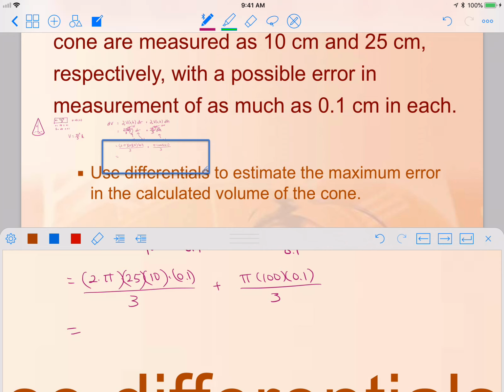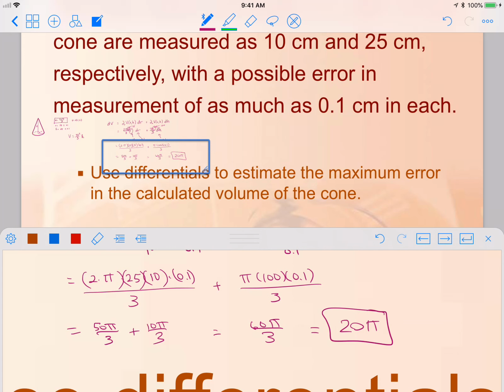Okay, and then 10 times 0.1, that's just 1. So that should be 50 pi over 3. And then 100 times 0.1, that should be 10. So it should be plus 10 pi over 3. So we end up with 60 pi over 3, which is 20 pi. Okay, so that is the maximum error.